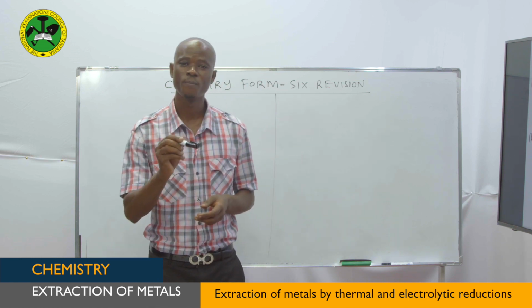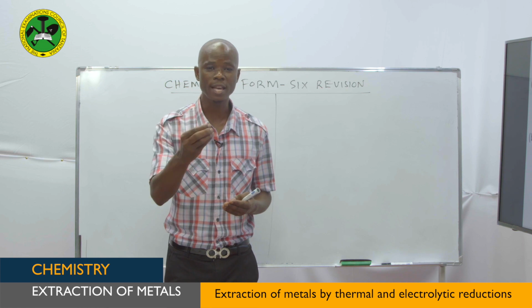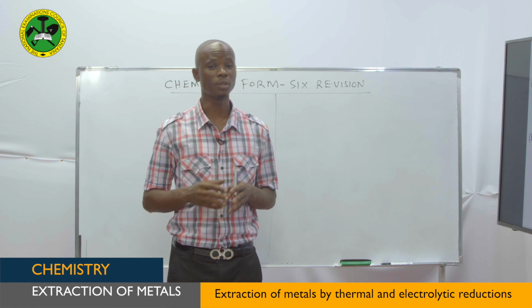But reason number two is that chlorides are highly ionic. If they are highly ionic, that means they can be easily electrolyzed. The process of electrolysis can take place easily. So that becomes another reason to explain why, in the extraction of metals of group 1A to group 3A, chlorides are used and not other compounds.